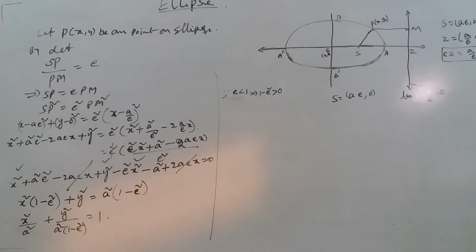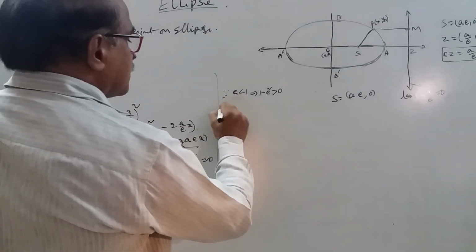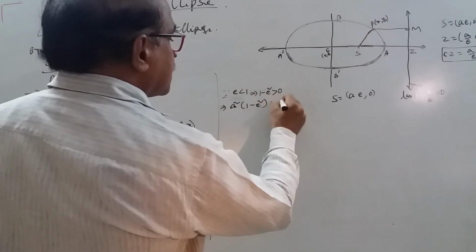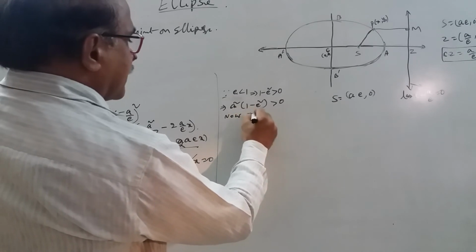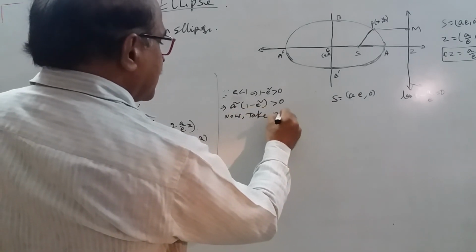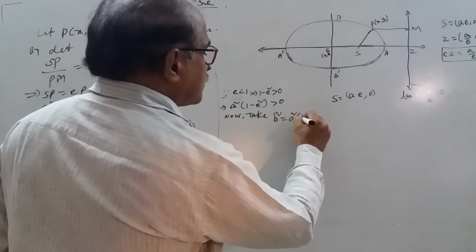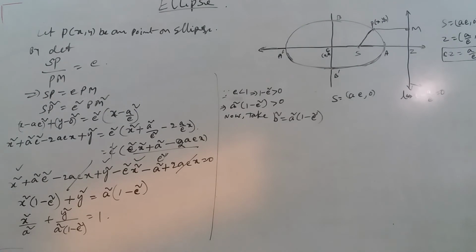For that, a square into (1 minus e square) is also greater than 0. Now, take b square is equal to a square into (1 minus e square) for our convenience.